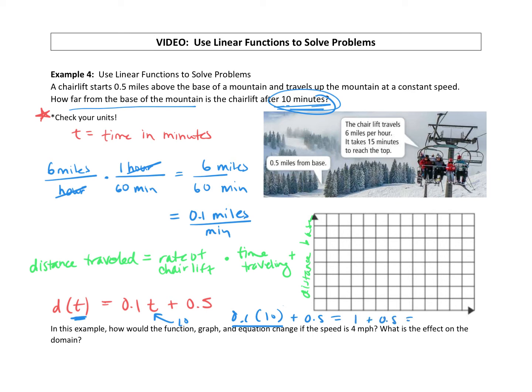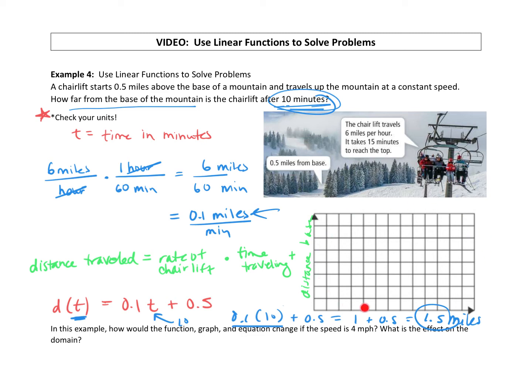Plus 0.5, and we get 1.5. So that 1.5 is the distance traveled. Our distance was in miles. So after 10 minutes, the chairlift will be 1.5 miles up the mountainside. So that is answering that question.